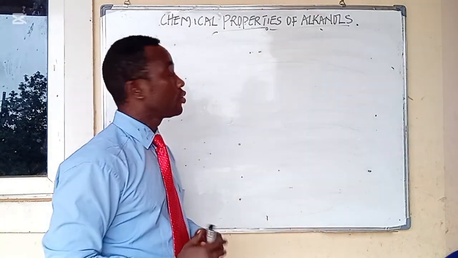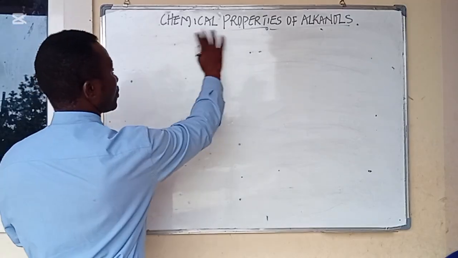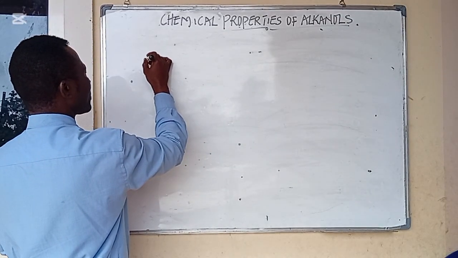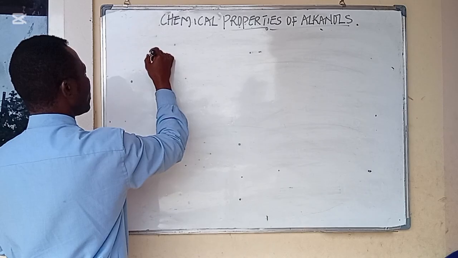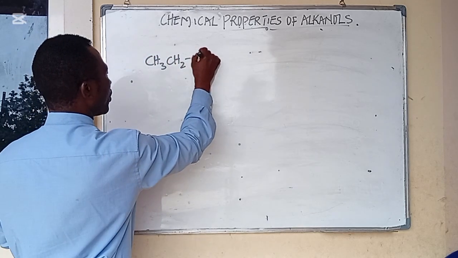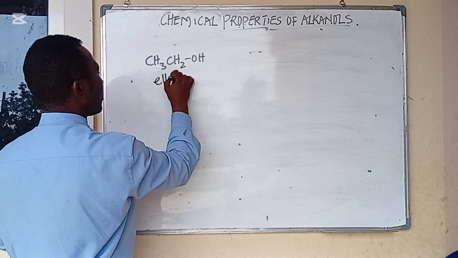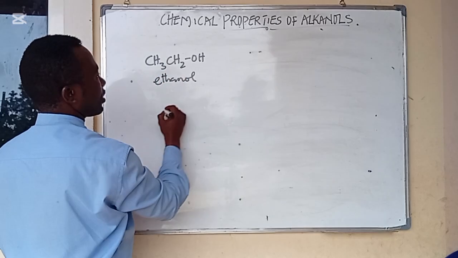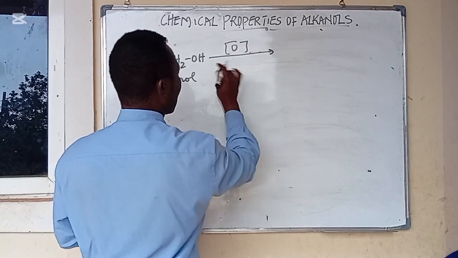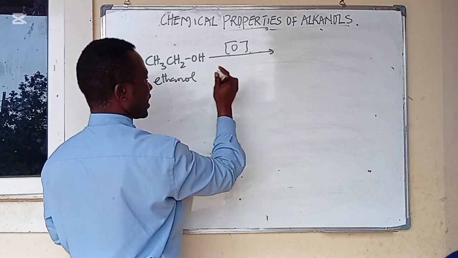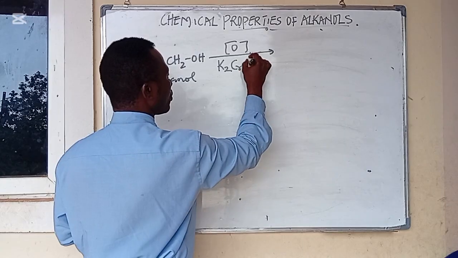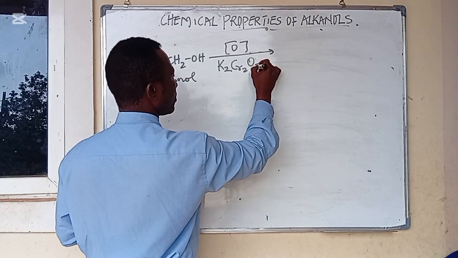Now let me show you what we mean by that. So oxidation. Let's say we have CH3CH2OH, which is ethanol, and we want to oxidize it. We are using an oxidizing agent. The oxidizing agent we can use is K2Cr2O7.